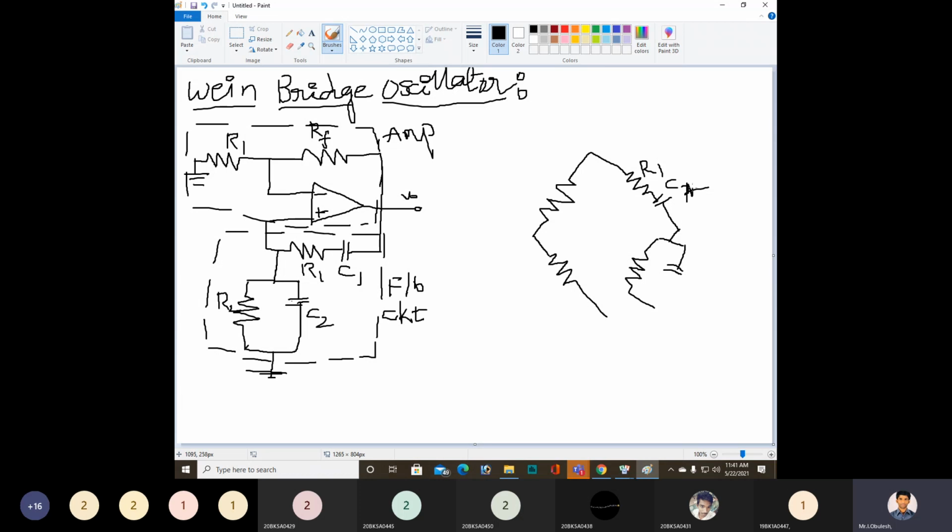This is the R1 C1, and this is the R2 C2. So this is the feedback resistor RF. This is one more resistor R1, or you can assume that this is the R3, no problem at all.